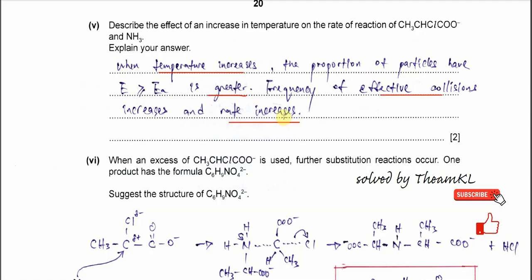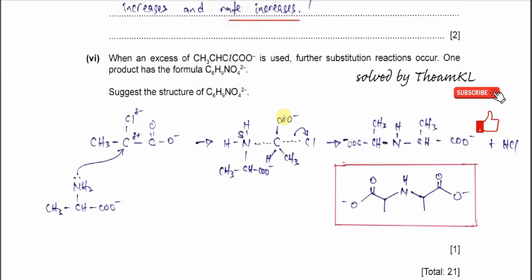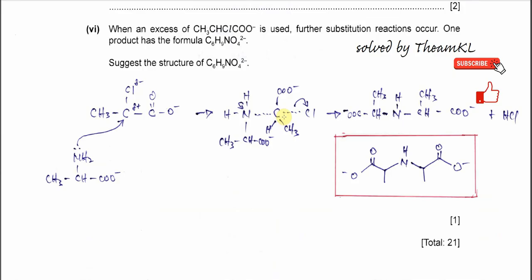It's very easy. And part 6, this part is actually quite challenging for some of you. Now you see, when excess of this carboxylate is used, further substitution reactions occur. One product has the formula C6H9NO4 2-.